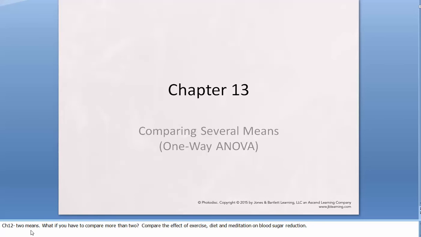But of course, you have lots of situations where you will not necessarily have two groups to compare. You can have several. Here is a very simple example. What if you want to see the differences in the effect of exercise, diet, and meditation on blood sugar?